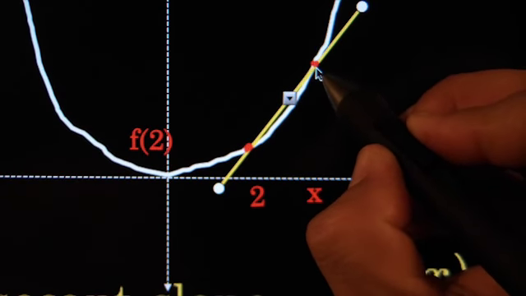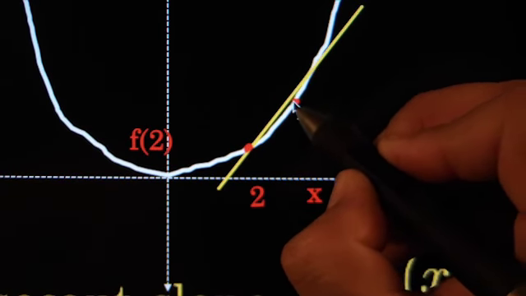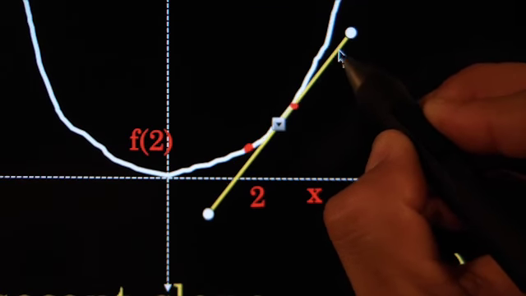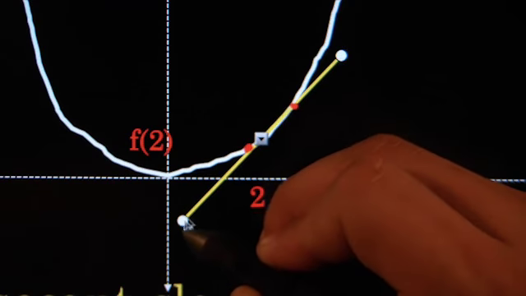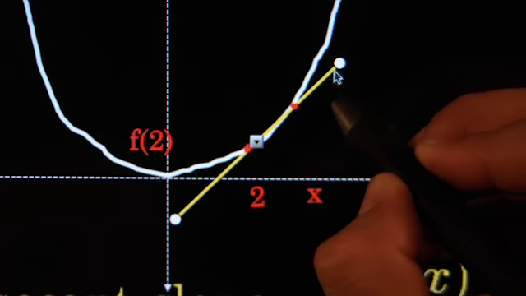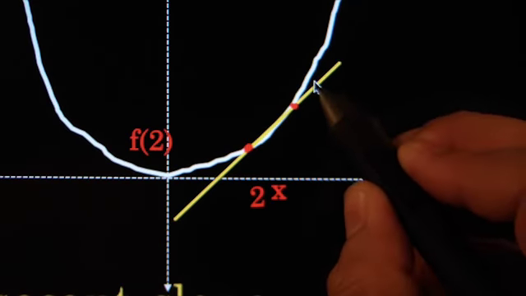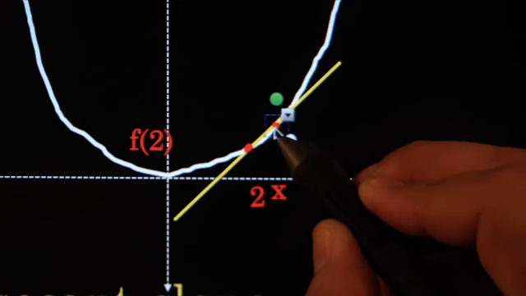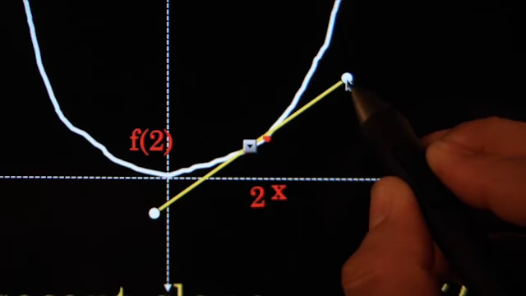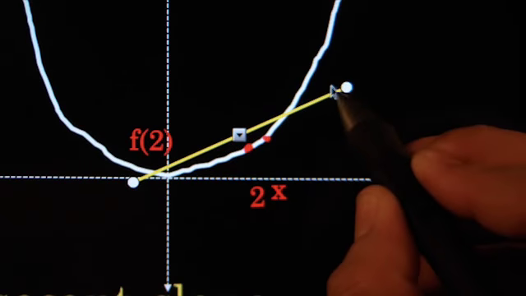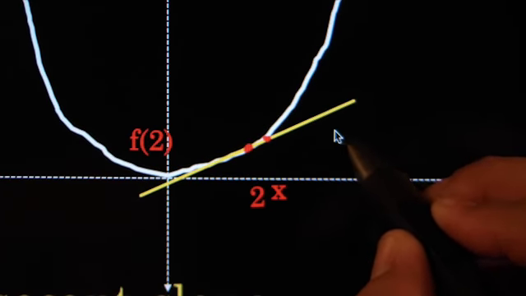What would happen if you move the point closer and closer and closer? Well, this line would have to move closer and closer and closer so that it keeps up with the points. And what would happen if I move it really close? Well, you got to move this point really close, and then it would be more or less like that.